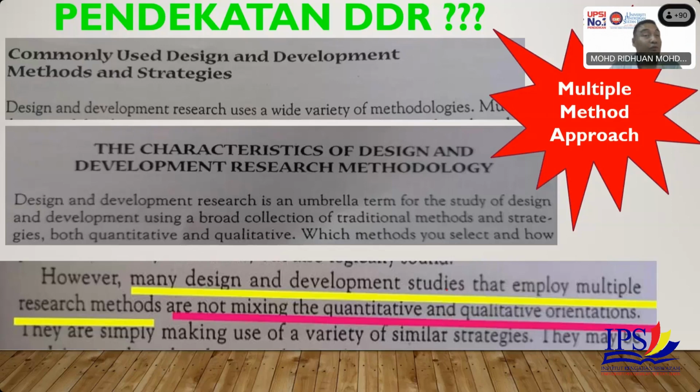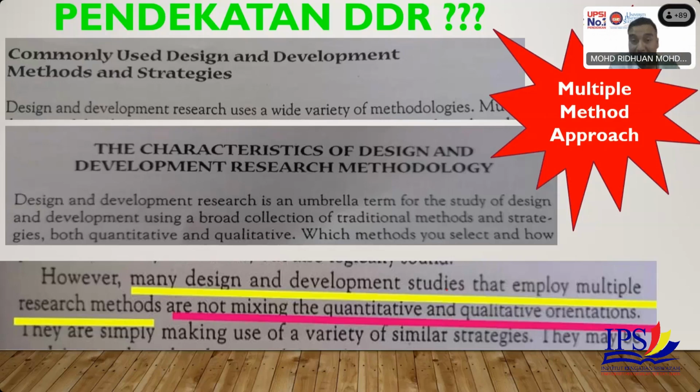But let's say, for example, in the first phase, need analysis, you choose to use interviews. Interview is one type of qualitative approach, right? You can use it, but you must give the justification why you choose that method to measure your need analysis. Okay, I hope you can understand.